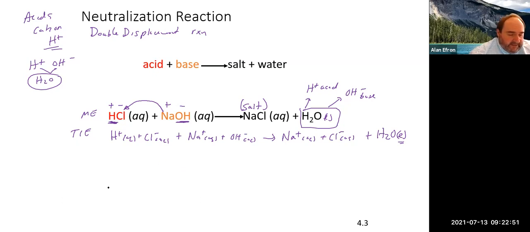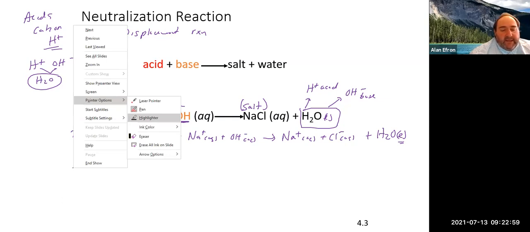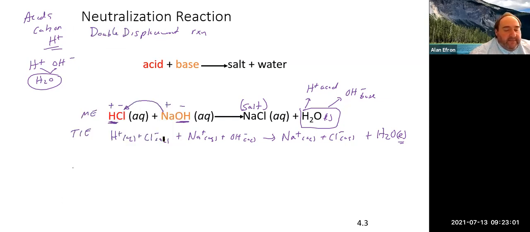We would approach this the same way as we did with our precipitation reaction. We would look on the left-hand side and the right-hand side of the equation for things that are the same. We would see a chloride and a chloride, a sodium and a sodium ion. Just like in the precipitation reaction, those are spectator ions, and they would cancel out.